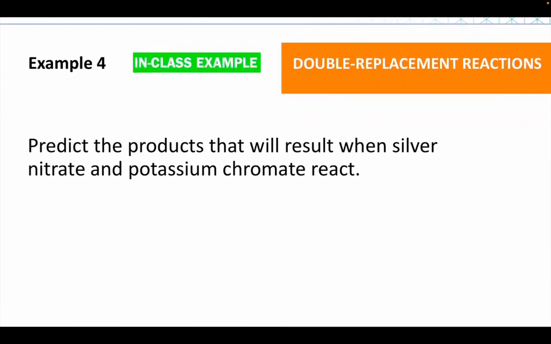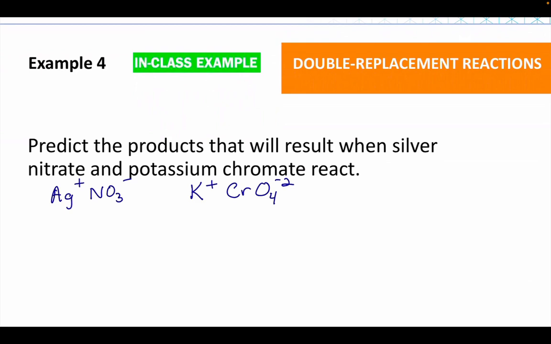So here's an example. Predict the products with silver nitrate and potassium chromate. So I would have to look up on my pink sheet, silver is plus, nitrate is minus, and then potassium is plus, chromate is 2 minus. And then I'm going to write those formulas.